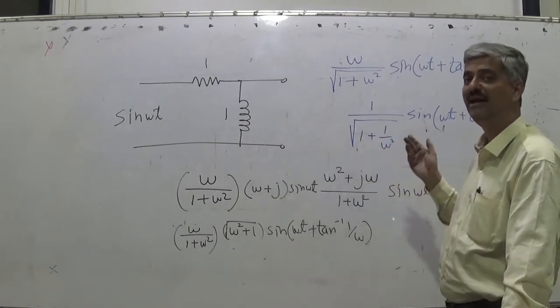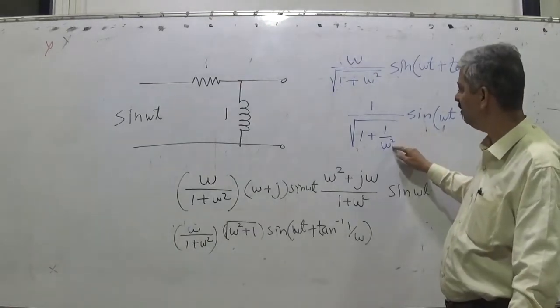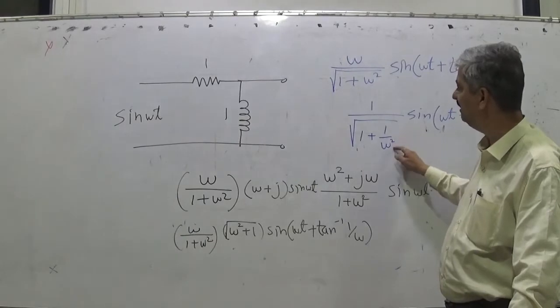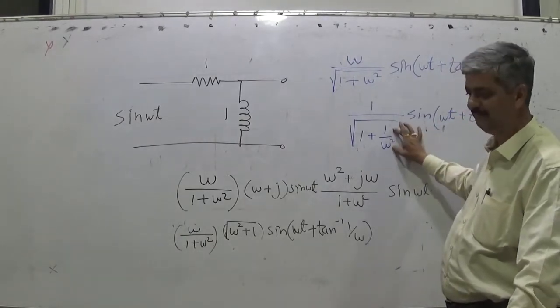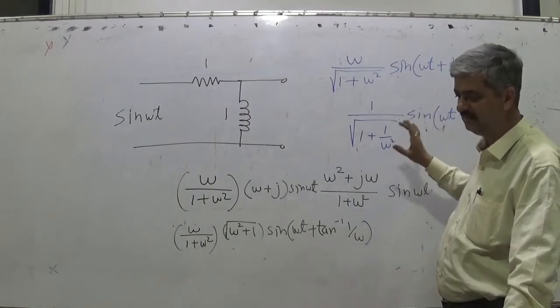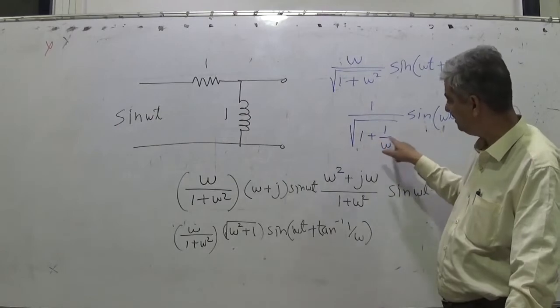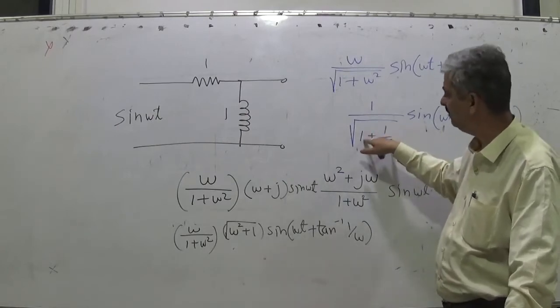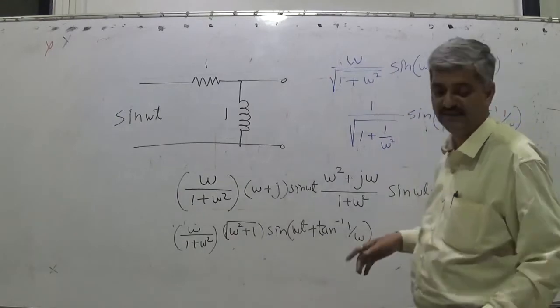And as omega increases, 1 upon omega square will reduce. So 1 plus this term will reduce, the denominator will reduce and the value of A omega will increase.